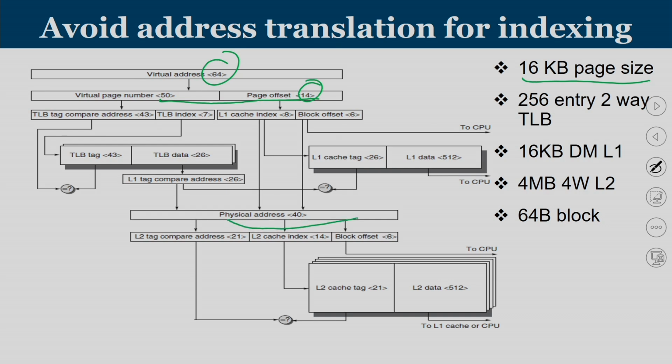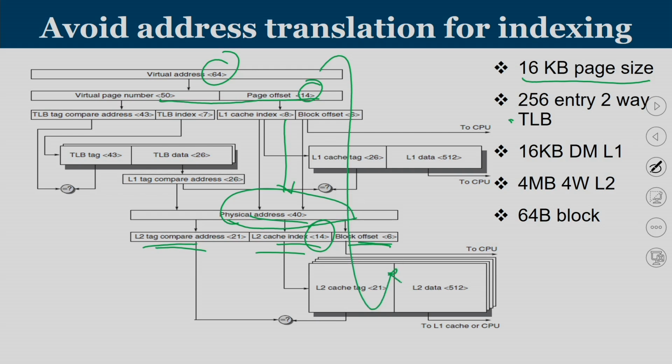Once you get it, the 64-bit address is converted to a 40-bit physical address, out of which 14 bits are offset and the remaining 26 are the frame number. Now, this contains your tag bits, your index bits and the offset bits. If the indexing can be done within the offset, then it is possible for us to access the cache directly with the offset value that is available.